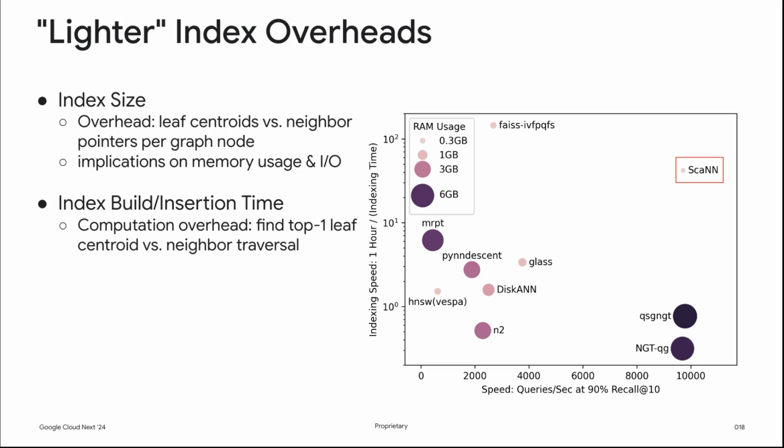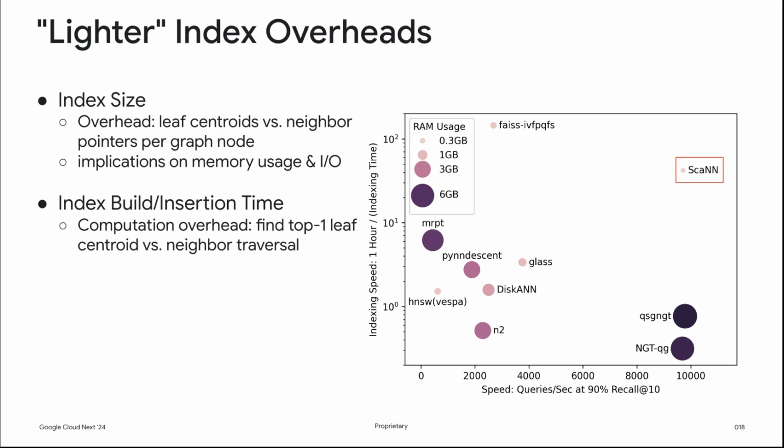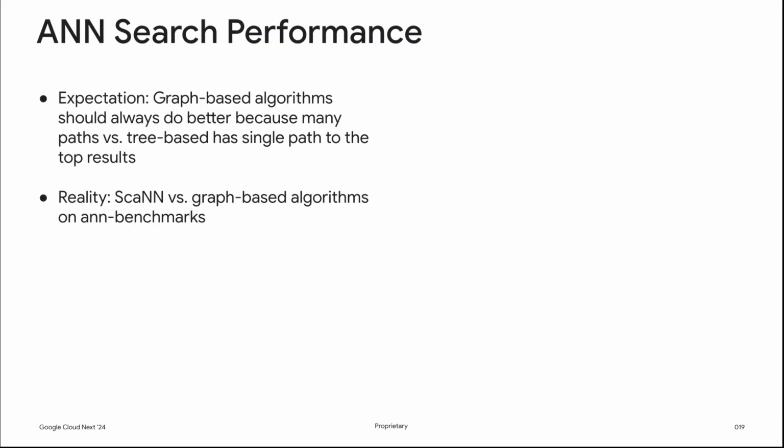This is not something that is happening for scan for AlloyDB only. Actually, here we have plotted a bunch of well-known indices, and you can see that generally there is a trade-off between how good an index is on index build time versus how good it is on querying. Surprisingly, however, Scan is doing very well on both.